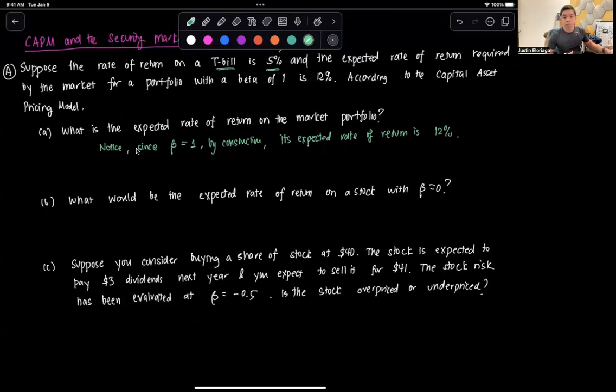Next, what would be the expected return on a stock if, for example, the beta is equal to 0? Well, beta equals 0 implies that there is no systematic risk in the economy.